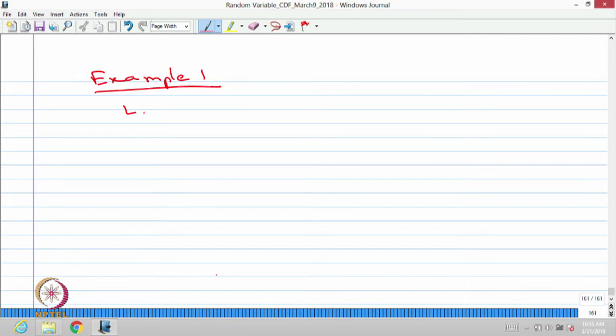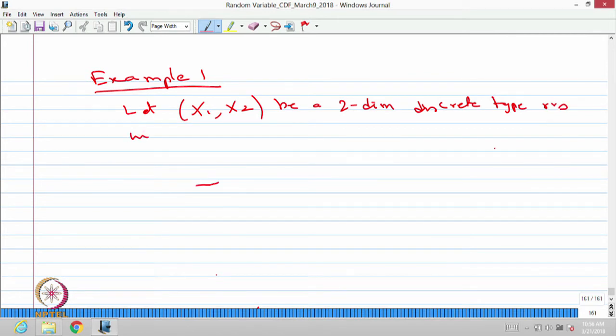Let x1, x2 be two-dimensional discrete type random variables with joint probability mass function given as follows.